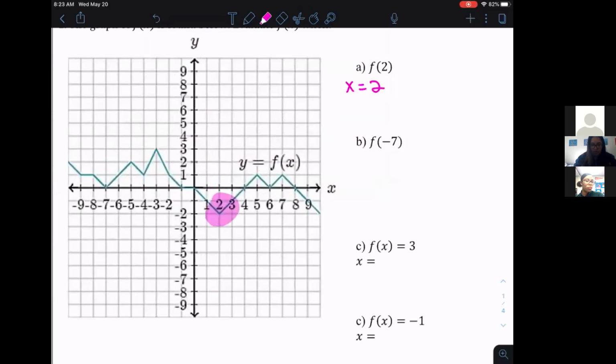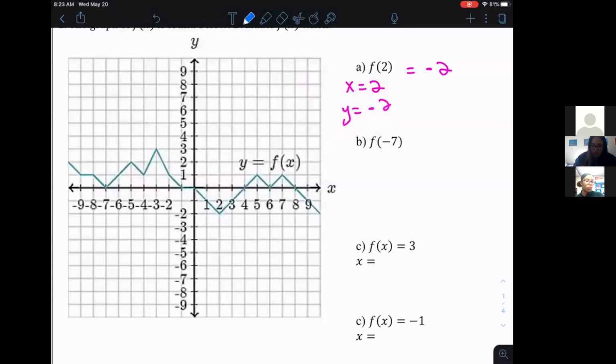So I know I'm looking for this point right there. Looking at that point, I know that the y value has to be -2. Again, x was 2. That brought me to this point right here. So I can say f of 2 is -2. That's our first answer. F of 2 is -2.